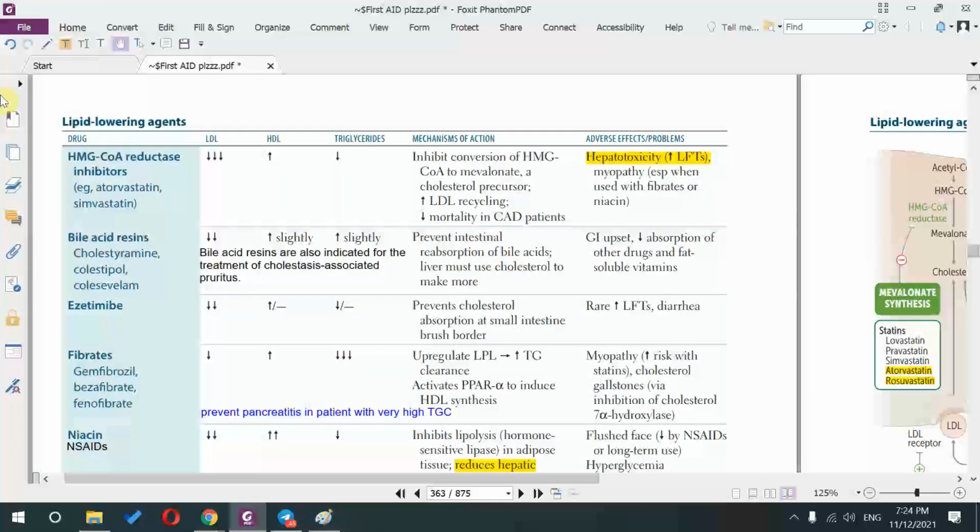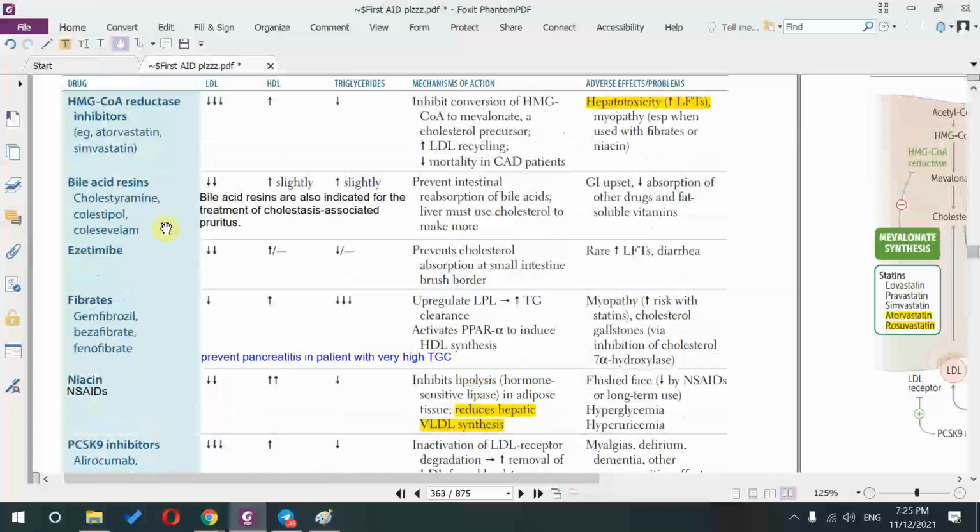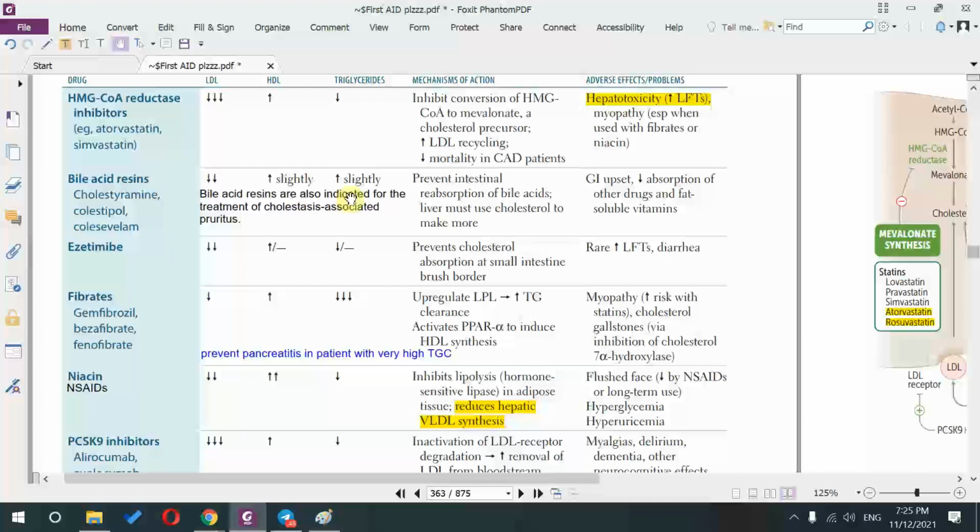Why is this even important? It's slightly, it's irrelevant. Well, it's important because they want to annoy you on test day and ask you which one of the following increases the triglyceride. And when you first read First Aid, you will never notice it. So I'm just putting a spotlight for you guys on it. Remember that bile acid resins slightly increase the triglyceride.